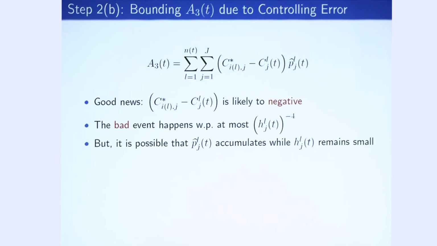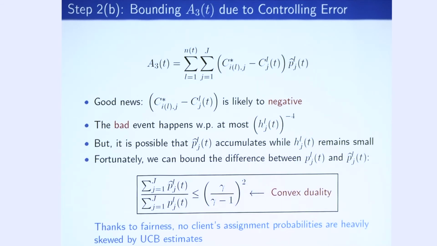Now the crucial thing is that luckily, due to our design of the algorithm, we are able to bound this controlling error. In particular, we're going to bound this error by at most a multiplicative factor. The reason is that this logarithmic utility promotes fairness. And because of fairness, no matter how bad the UCB estimates are, no client assignments are heavily skewed.